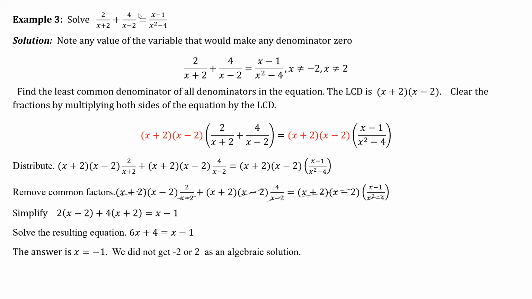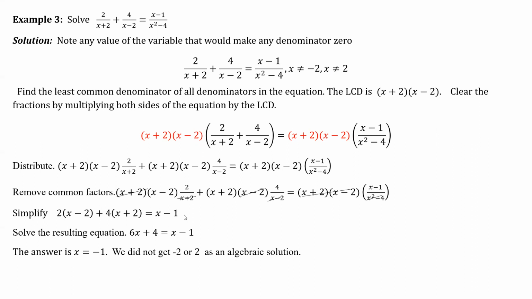Solving this fractional rational equation: any value of the variable that would make any denominator 0, in this case they are -2 and 2. Find the LCD. Clear the fractions by multiplying both sides of the equation by the LCD, distribute, and remove common factors, and we get this linear equation.